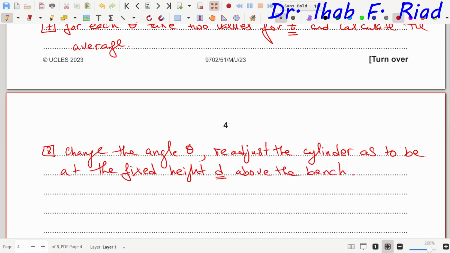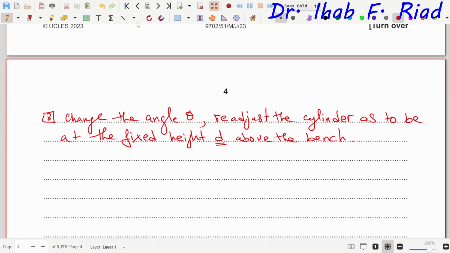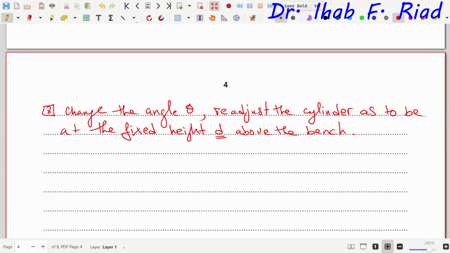So we are going to use another angle theta. Now if we change theta, then we are going to readjust the position of the cylinder such that it will always be at a fixed height d. Again, d is always going to be fixed.